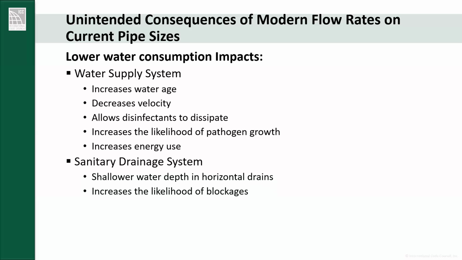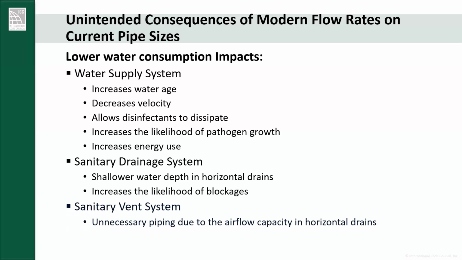On the sanitary side of things, you would have a shallower water depth in horizontal drains, which means you're going to have material building up there and might get backed up or build up more quickly because you have a lot less water flow going there. And that, of course, leads to an increased likelihood of blockages within your drainage system.